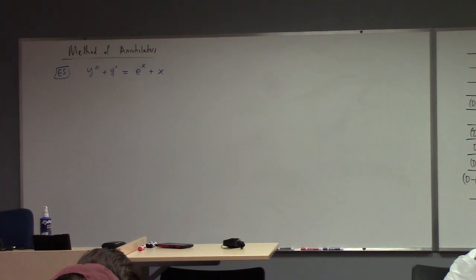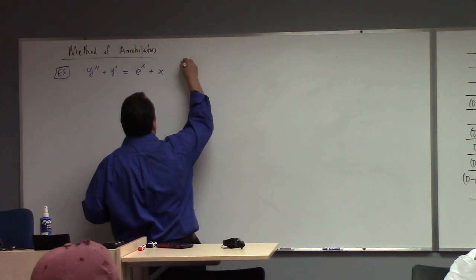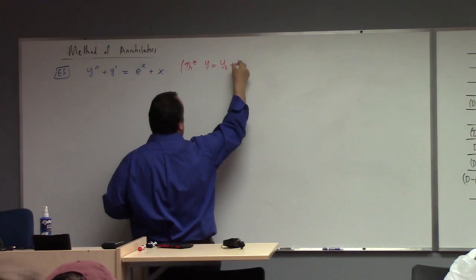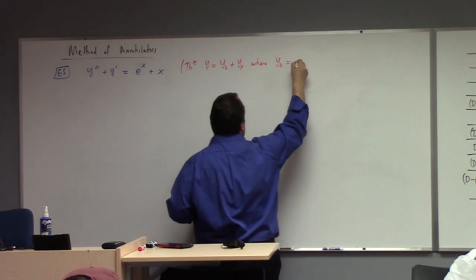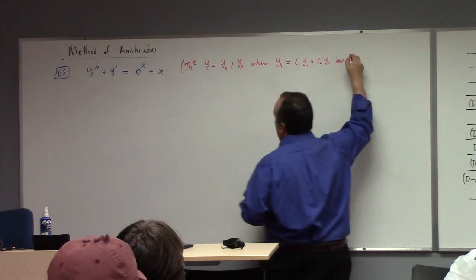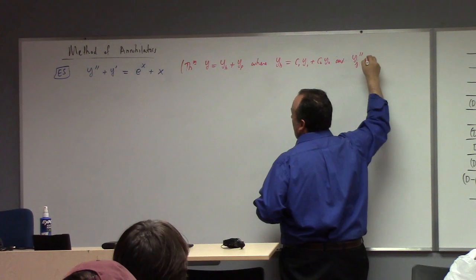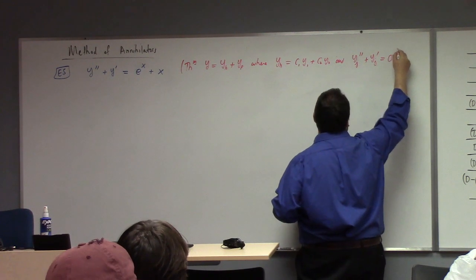The homogeneous solution. Just to recap, the theorem says y = yh + yp, where yh = c1 y1 + c2 y2, and in this case y_h'' + y_h' = 0. That's the homogeneous problem.